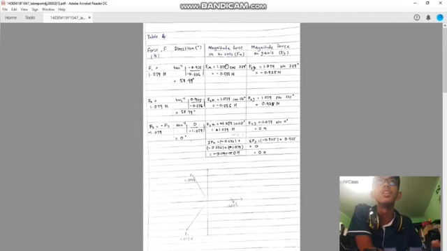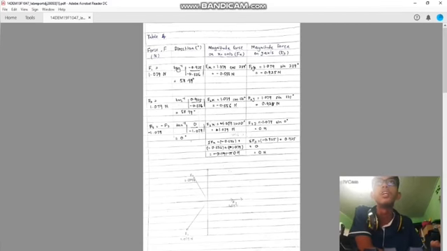Okay, next we find the Fx by 1.079 cos 239 equal negative 0.556. For the y-axis, Fy equal 1.079 sin 239 equal negative 0.925 Newton.